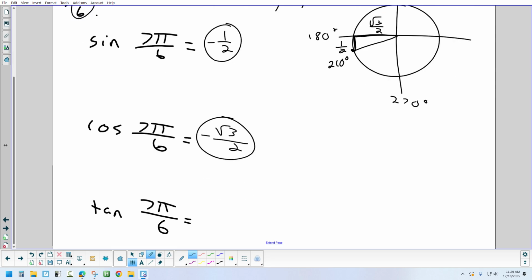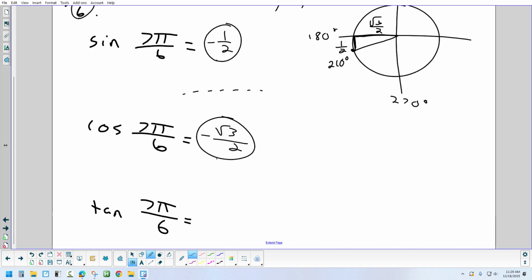And the tangent, again, just imagine putting a fraction line right there and dividing negative 1/2 by negative root 3 over 2. What's going to happen when you divide those two values? Is the final answer going to be root 3 over 3?